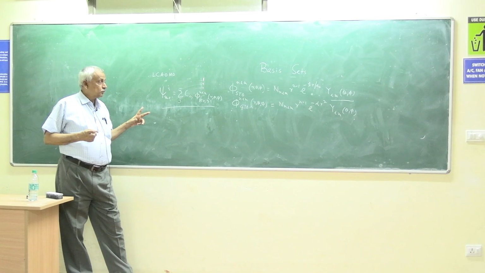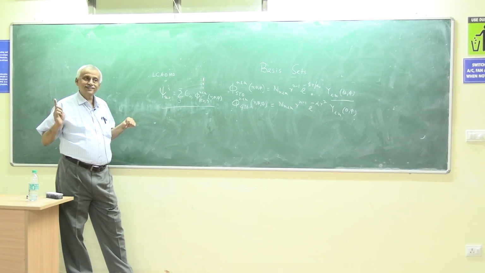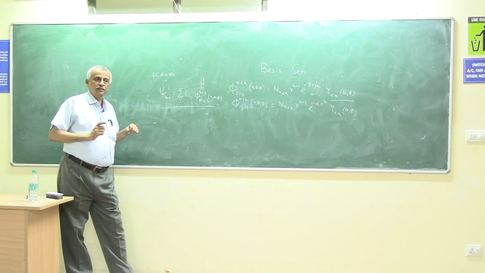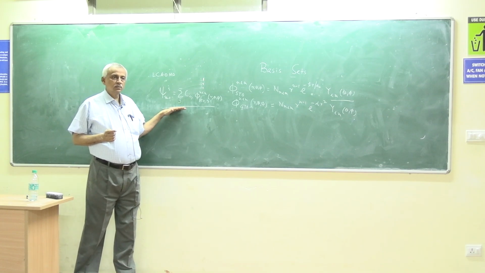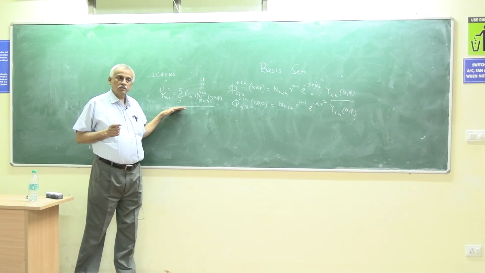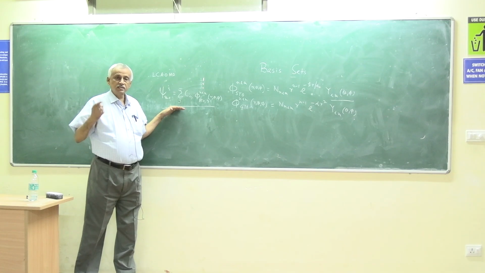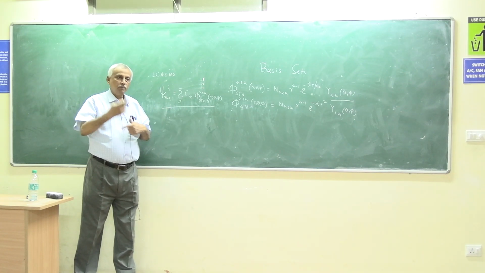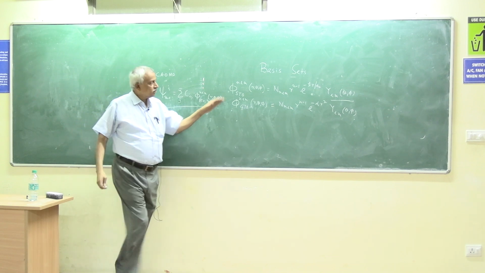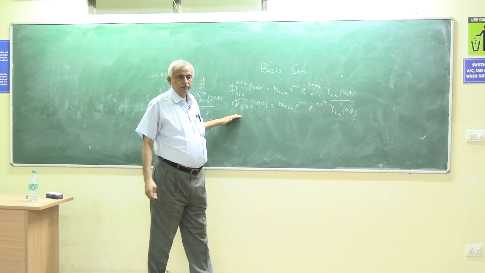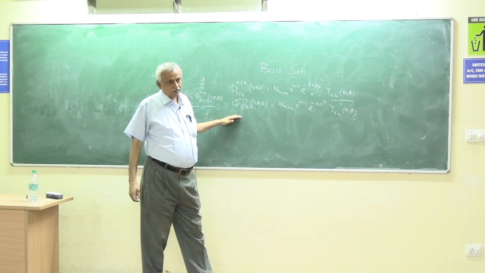But you know, the product of two STOs is not a single STO. STOs obey Kato's cusp condition, GTOs they don't. But with GTOs you have computational economy. These are called primitive STOs and primitive Gaussians. Okay.